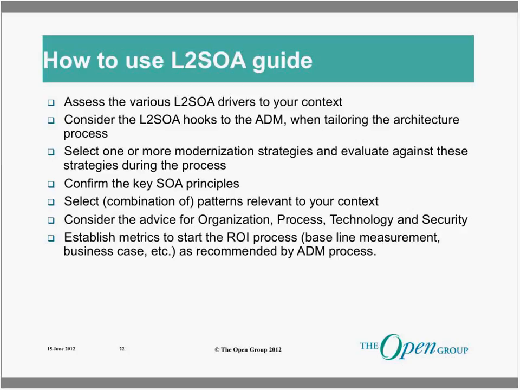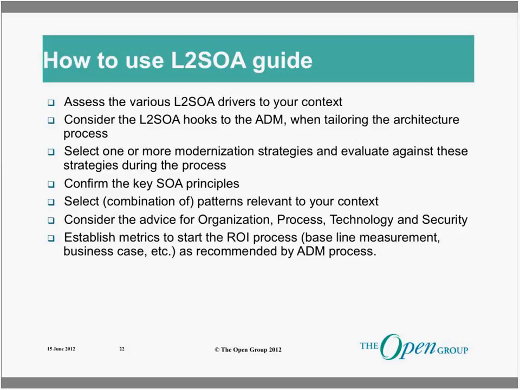and evaluate against these strategies during the process how they are being measured and how the transformation has been happening, and confirm some of those SOA principles we have discussed in terms of granularity, in terms of decoupling the existing systems from other functionalities, and try to utilize those principles in such a way that it would provide more business agility to the enterprise.